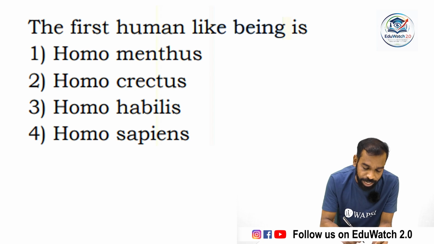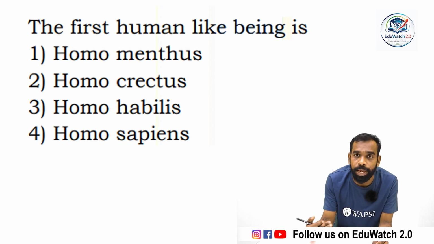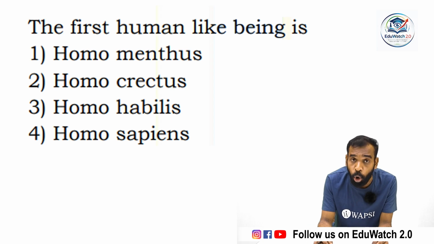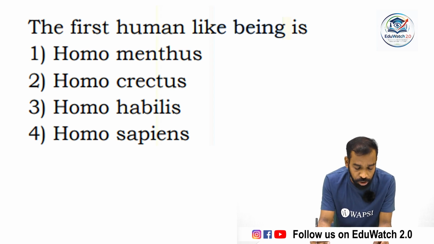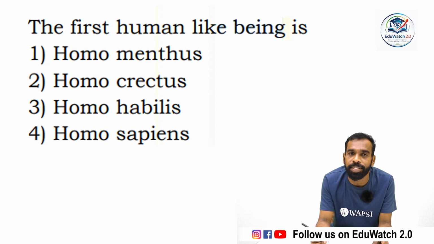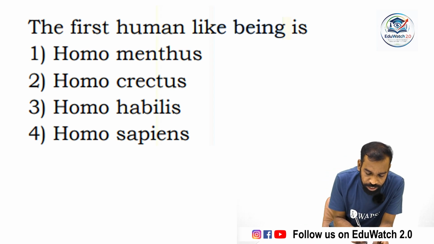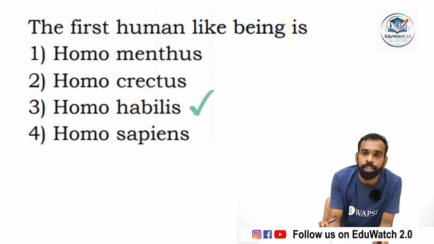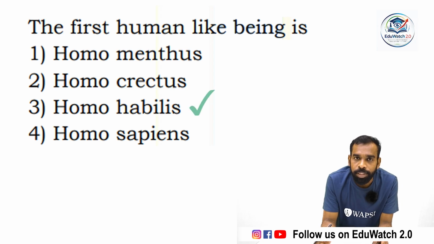So according to NCERT, it is the first ape-like organism, that is Homo habilis. Here we have 4 options. Option number 1, Homo erectus, Homo habilis and Homo sapiens. The correct option is Homo habilis. Get me?